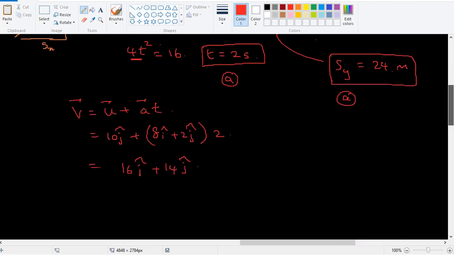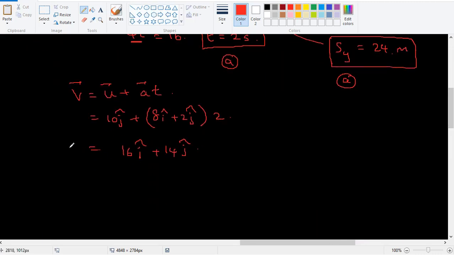So what is the speed of the particle? They asked you to find the speed. Can I leave it like this or should I do something else? What am I supposed to find here? Find the magnitude, that is the modulus. Very good. So speed means you should find the magnitude. You should be careful with these words. When they say speed, they are asking to find the magnitude, which will be 16 squared plus 14 squared.